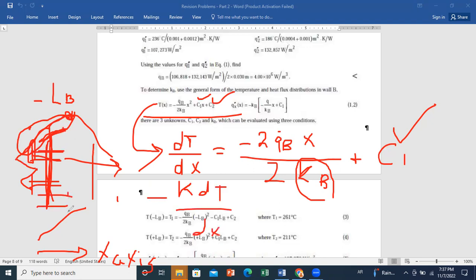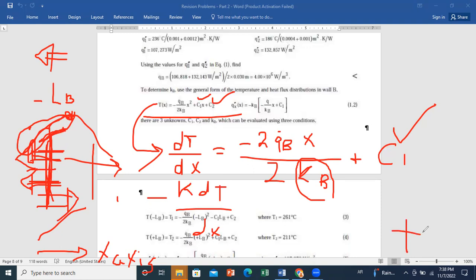But now if you know that your flow rate is getting out, then you reverse the convention. When you put your flow rate in this direction, you don't put any more minus, you put plus k dT/dx. So just pay attention to the convention of sign.